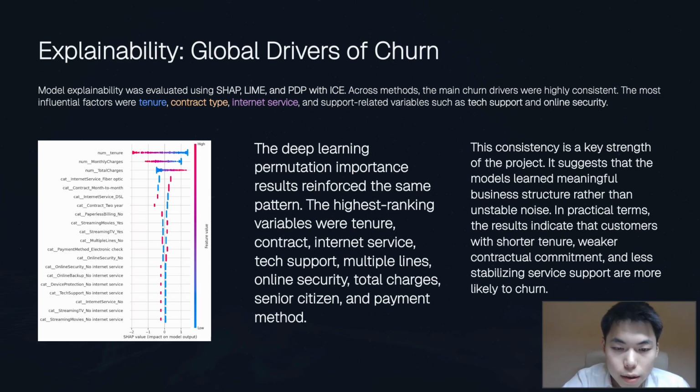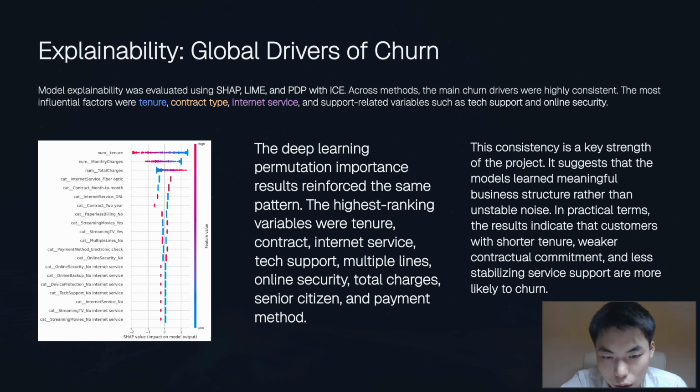The interpretation is also very clear from the business point of view. Customers with a shorter tenure are more likely to churn, and customers with weaker contract commitment, especially month-to-month contracts, are also more likely to churn. Service and support configuration also matters.